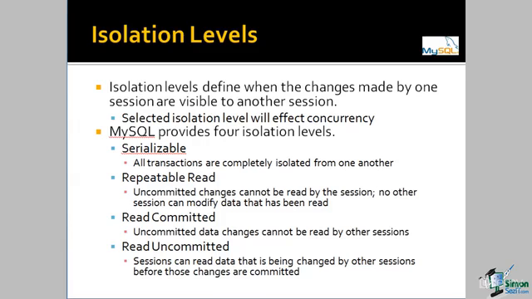There are four isolation levels provided by the MySQL system: serializable, repeatable read, read committed, and read uncommitted. These all have trade-offs. We need to understand what those trade-offs are so that when we decide which isolation level is appropriate for our application, we'll be making an informed decision.